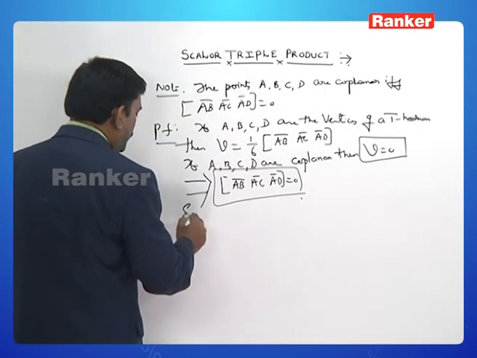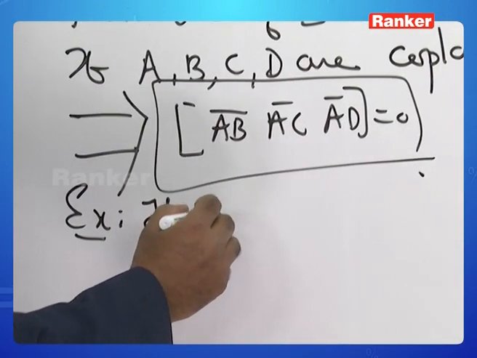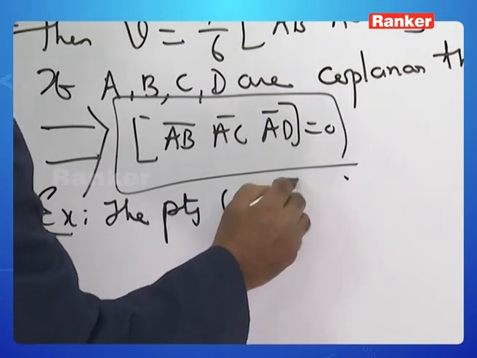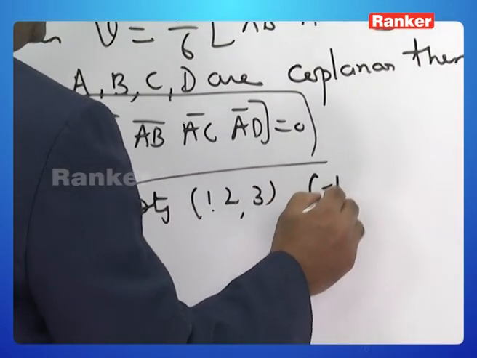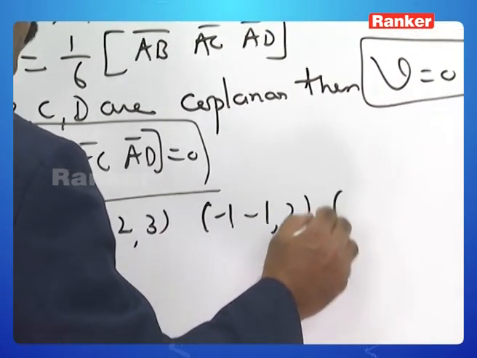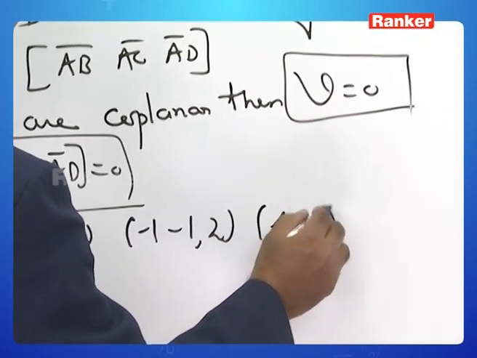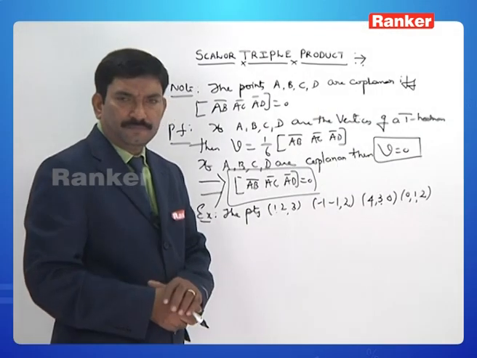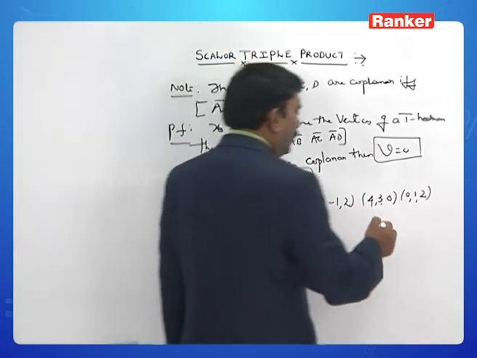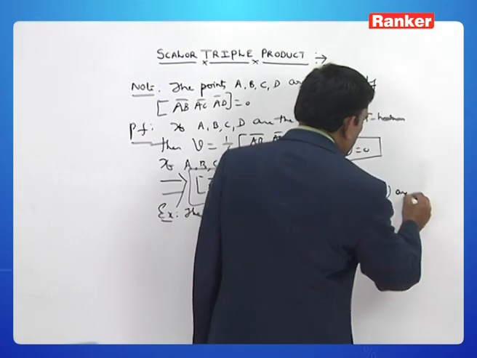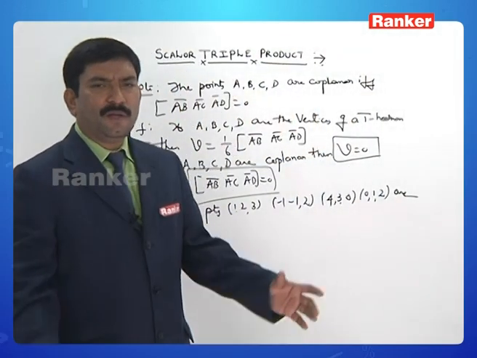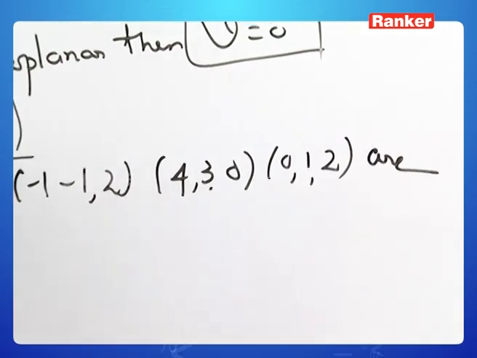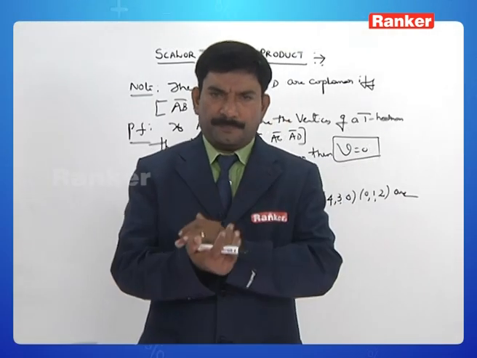If I take the points 1, 2, 3; minus 1, minus 2, 4; 3, 0, 0; 1, 2, the options are coplanar, non-coplanar, the third one is neither coplanar nor non-coplanar, and the fourth one is none.